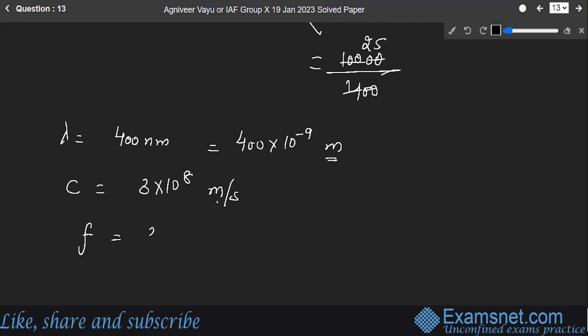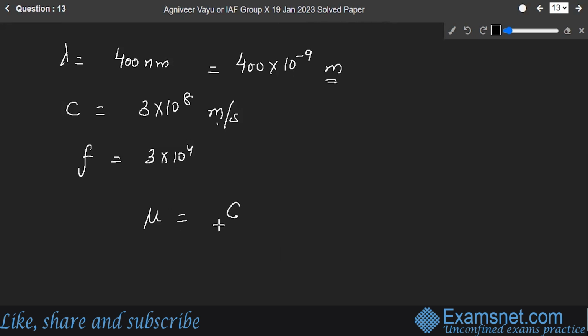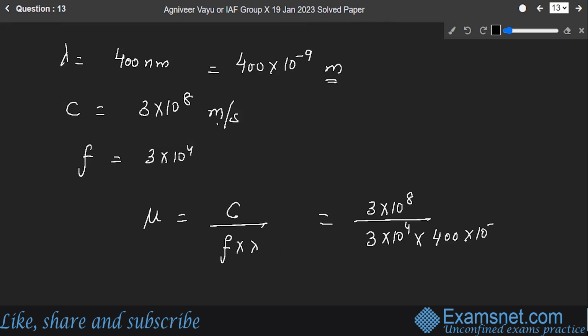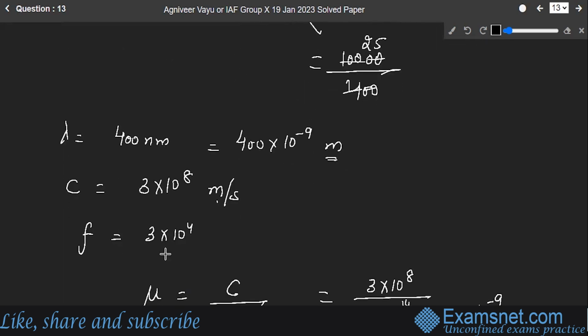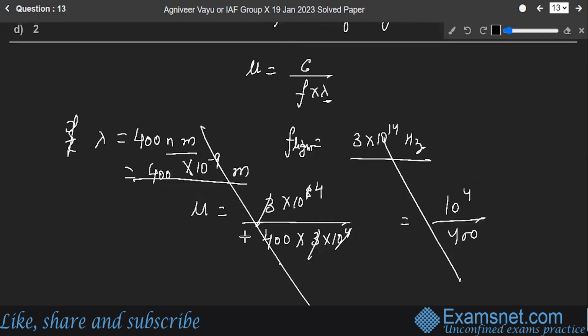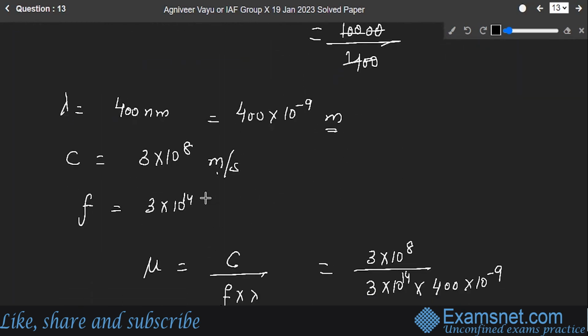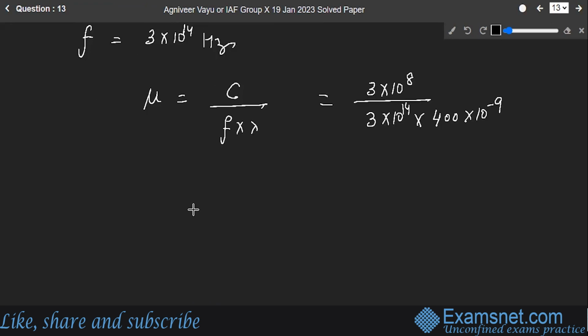And the frequency is given to you as 3 into 10 raised to power 4. Now the refractive index is equal to C upon F into lambda. C is equal to 3 into 10 raised to power 8, F is equal to 3 into 10 raised to power 4 into lambda, which is 400 into 10 raised to power minus 9. Right? 14. This is not 4. Yeah. So here you have 3 and 3 getting cancelled.